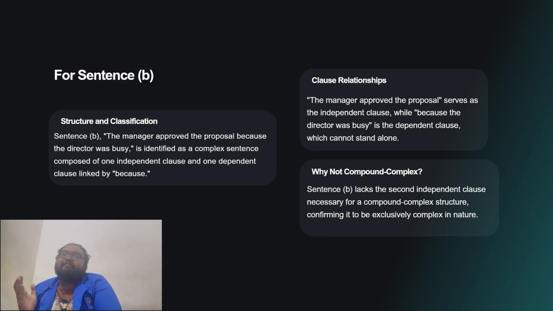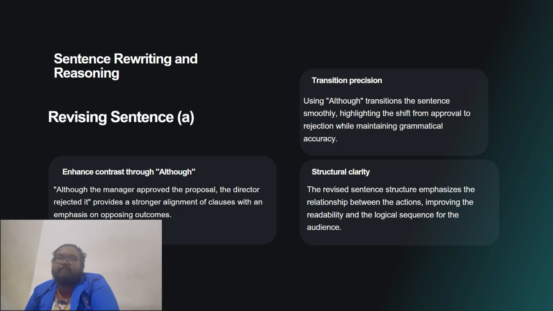Clause relationship: "the manager approved the proposal" serves as the independent clause, while "because the director was busy" is the dependent clause, which cannot stand alone. Why not compound-complex? Sentence B lacks the second independent clause necessary for a compound-complex structure, confirming it to be exclusively complex in nature.